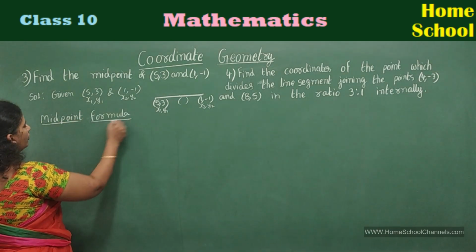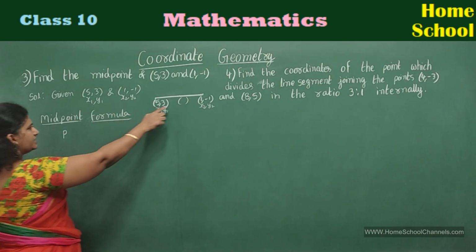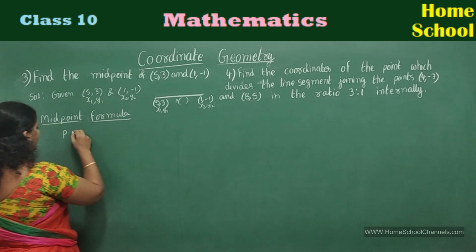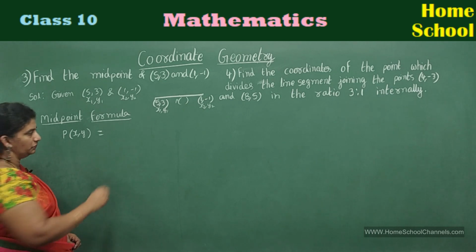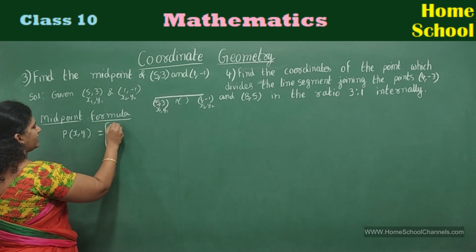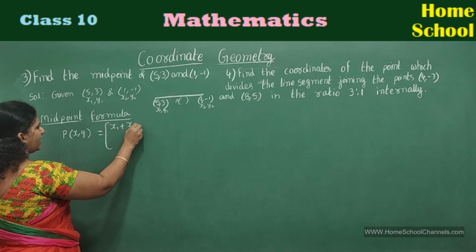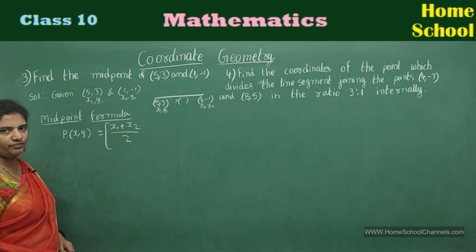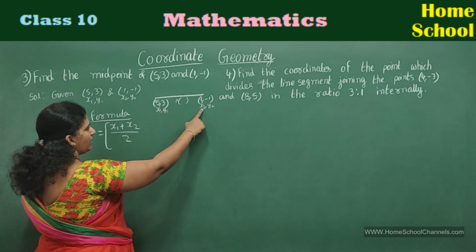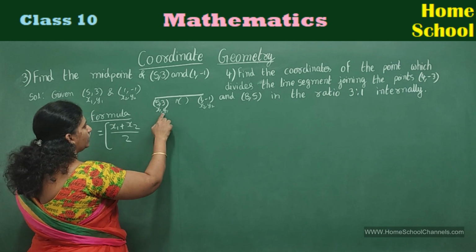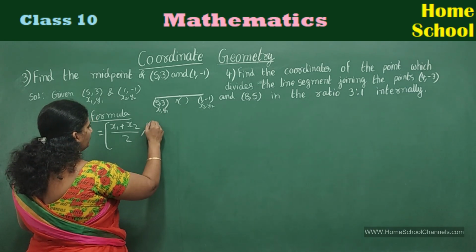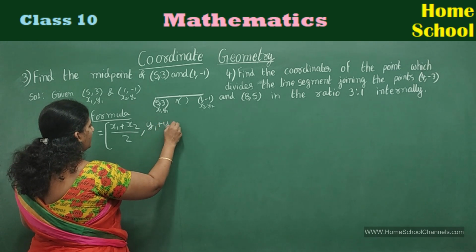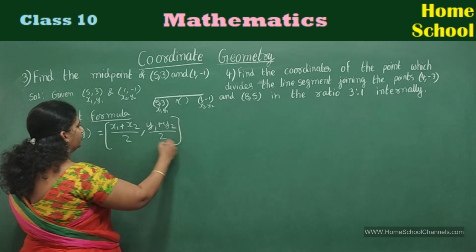We know midpoint formula, that is this coordinate, let me take it as P x, y is equal to x1 plus x2 by 2, comma, y1 plus y2 by 2.